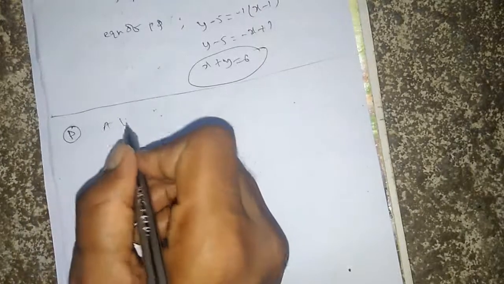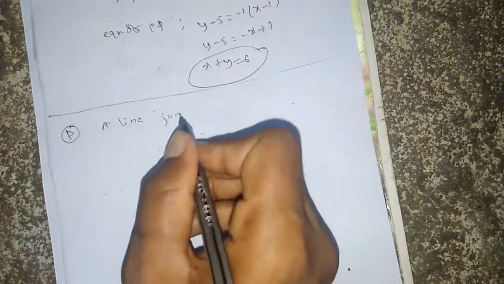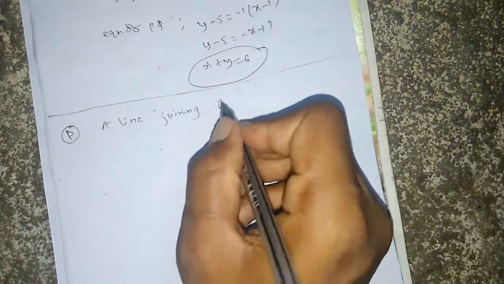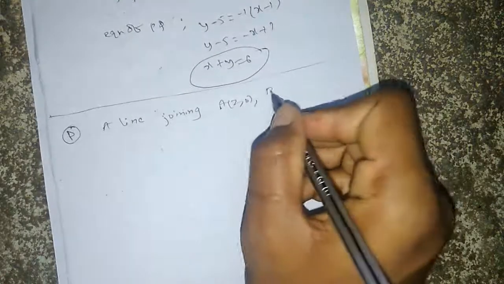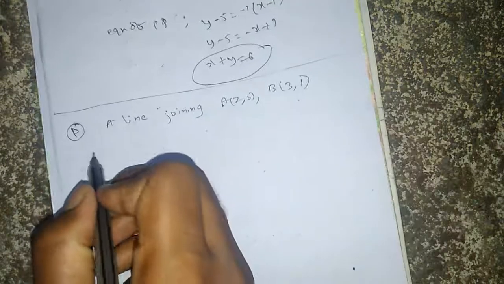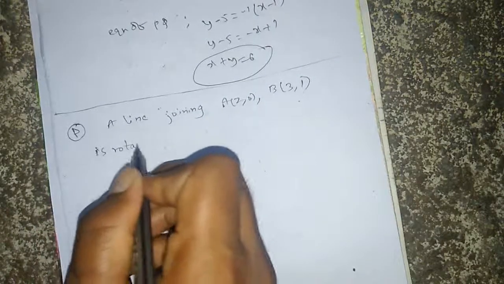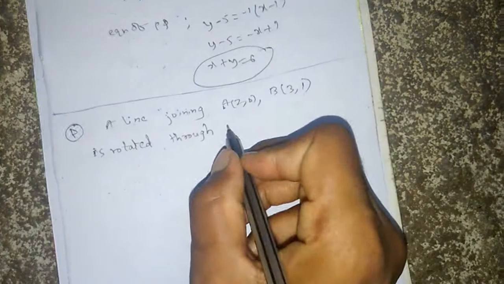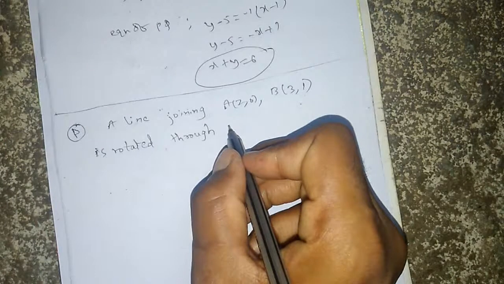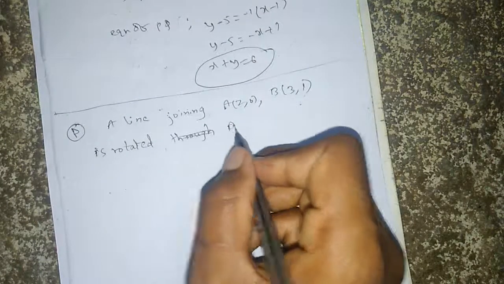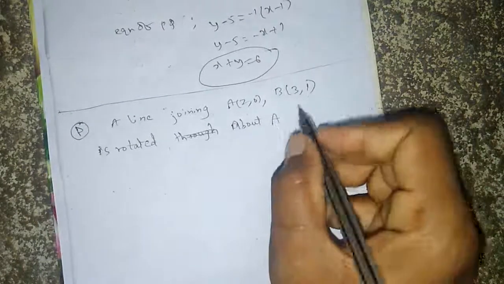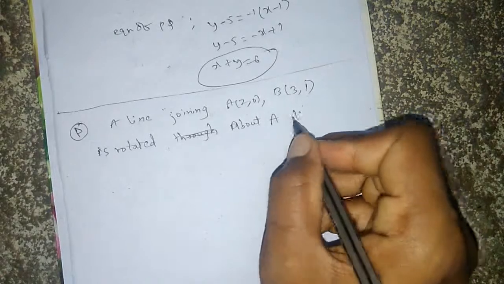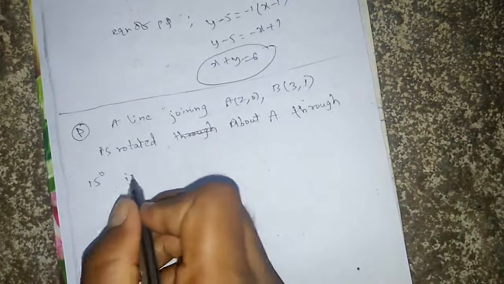Next problem: a line joining A(2, 0) and B(3, 1) is rotated about A through an angle 15 degrees in anti-clockwise direction.